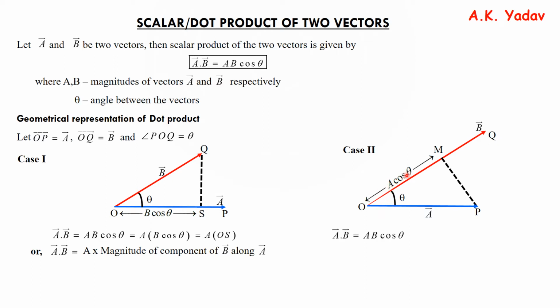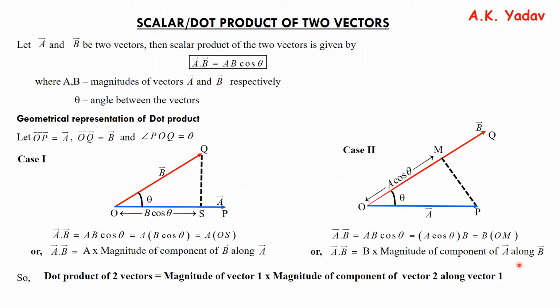So we can say A dot B is equal to AB cos theta, or can I say A cos theta into B? Now A cos theta is equal to OM. So can I write B into OM, or can we say A dot B is equal to B into the magnitude of the component of vector A along vector B?